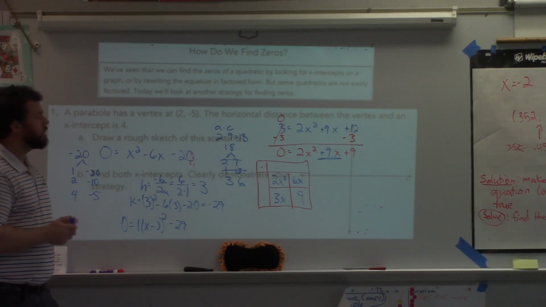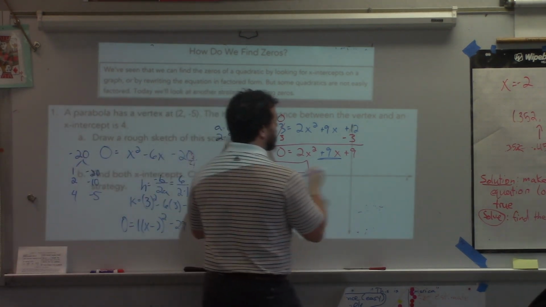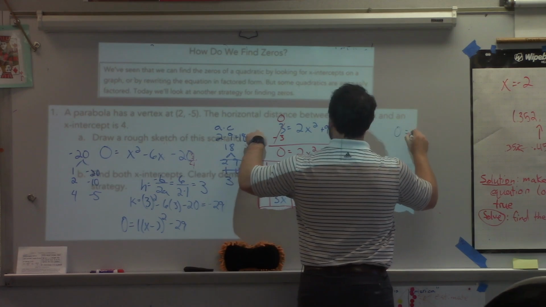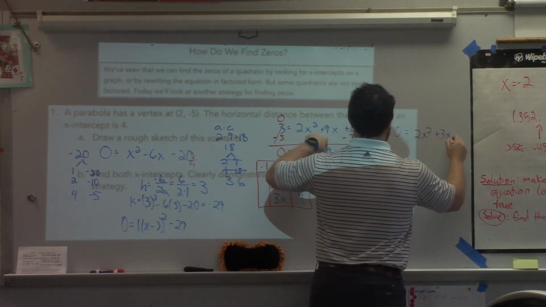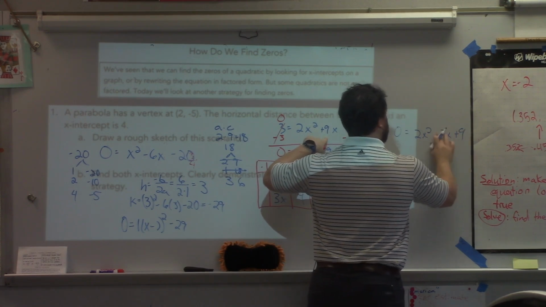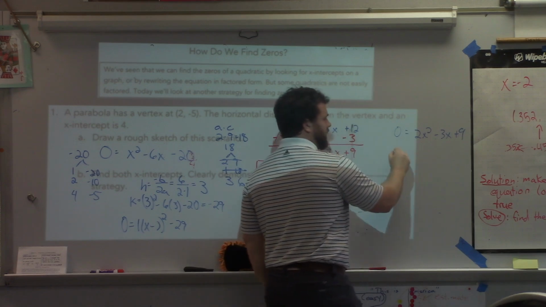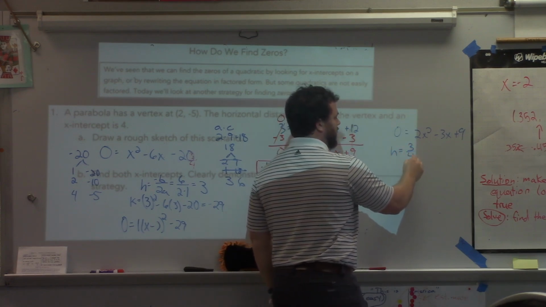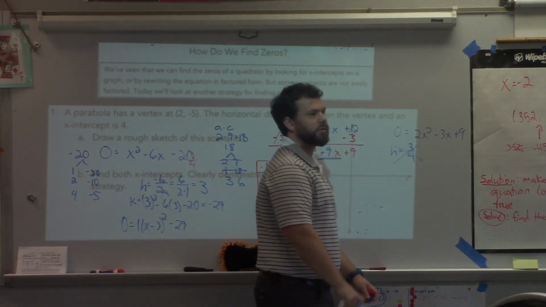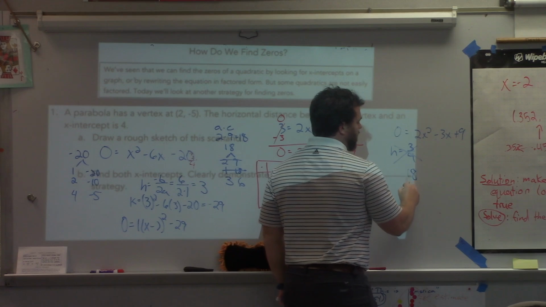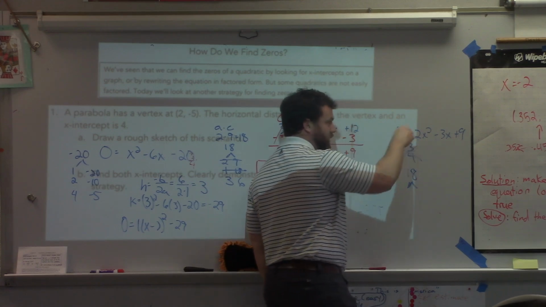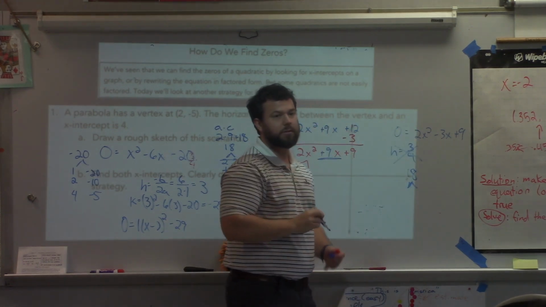But what if I get something like I actually had earlier when I screwed up? Because when I screwed up earlier, we said h was 3/4, and that was ugly. We didn't want to use vertex form, right? If you do 2 times 9, you get 18, and there are no factors of a positive 18 that add up to negative 3.